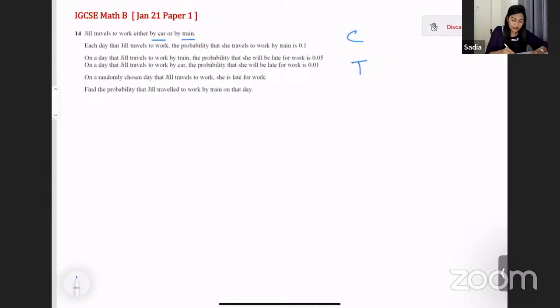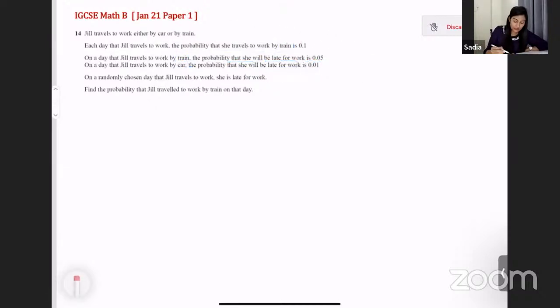And then it gives the probability of going to work by train, the probability she will be late for work if she goes by train, and the probability of being late if she goes by car. So at the very beginning you have two options, car or train. Then comes the second stage, where you can be late for the journey, or you can get there on time.